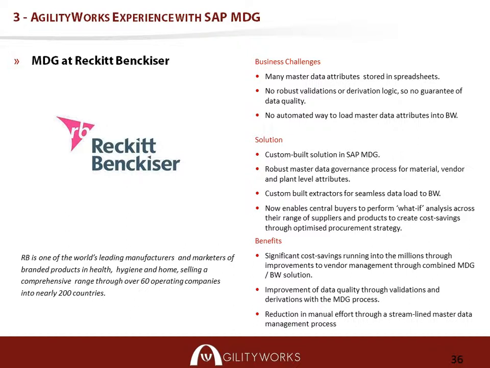So that went live on June 28th. It's a fully custom-built solution in MDG, so custom data model, custom UI, custom processes, and custom validations and derivations. And Reckitt Benckiser believe that they can save £7 million a year in procurement savings, so that's been a really exciting product that we've delivered there.